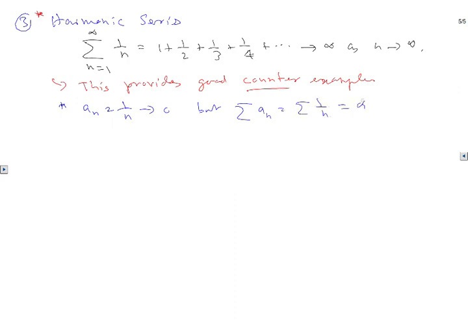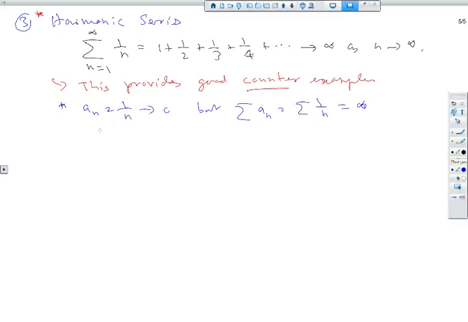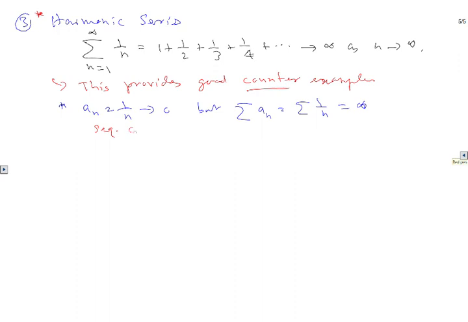So this is one situation where the sequence converges but the corresponding series diverges. So that can happen. This is one good example.